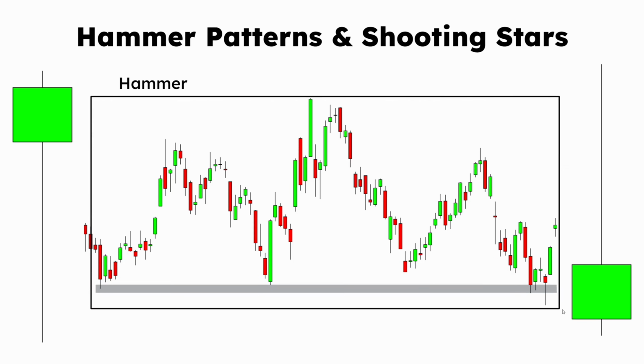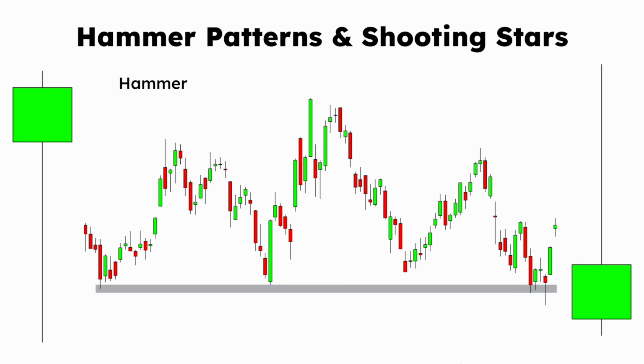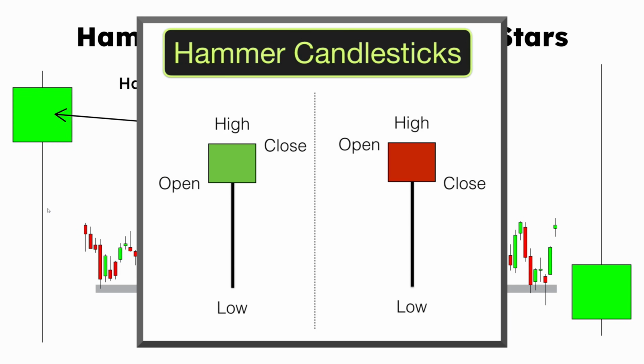Now I want you to shift your attention to this price chart right here and try to identify a hammer pattern. Before you do this, I can give you 2 hints. The first hint is that the hammer doesn't have to be green. The real body of the hammer can be either green or red. It's still a valid hammer.